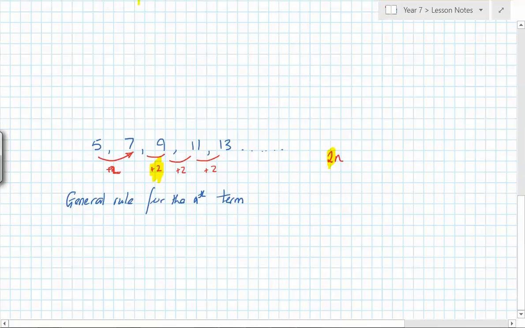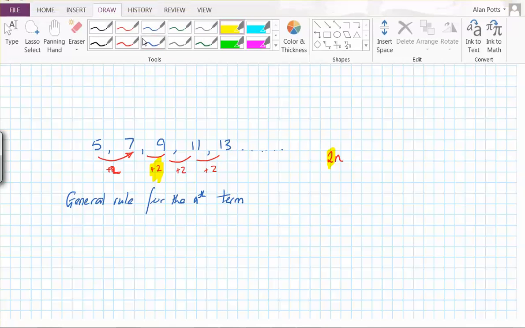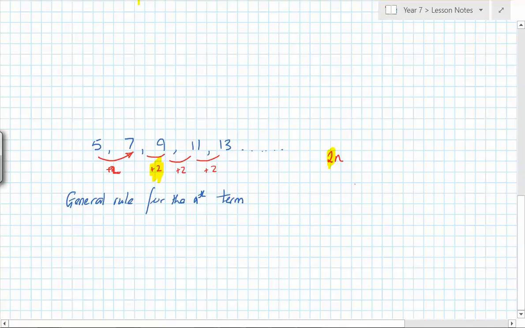The thing is though, that's not quite finished, because 2 times 1 is not 5, so we're not there yet. Then we've got 2 times 2, 2 times 3, which need to give these answers. 2 times 1 is 2, but we need 5, so if we add 3, that would work for this one.